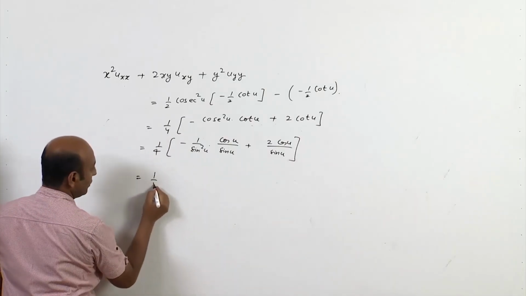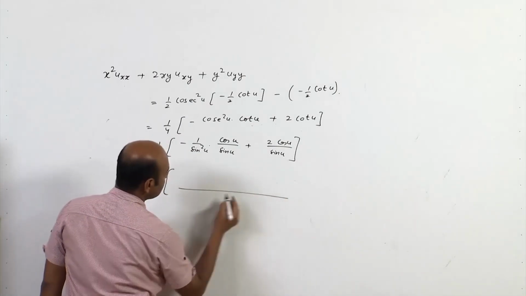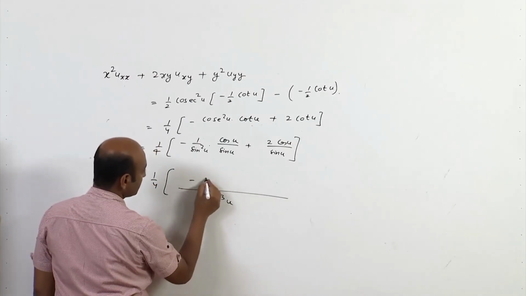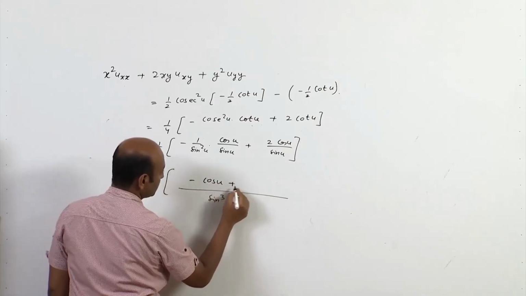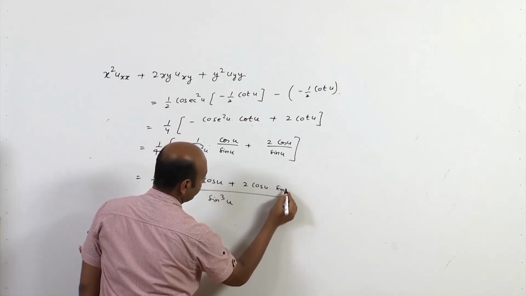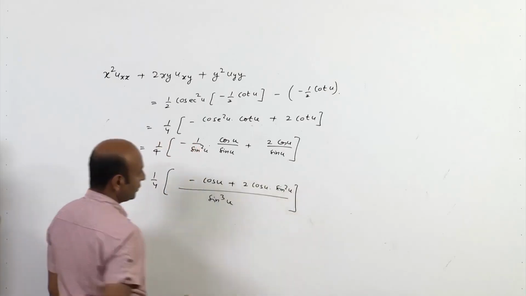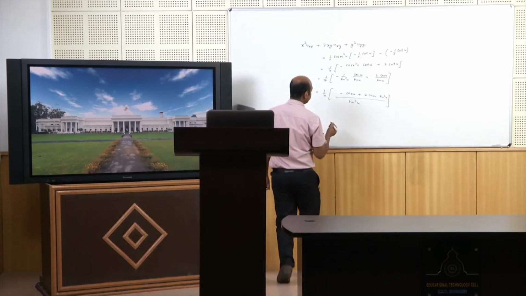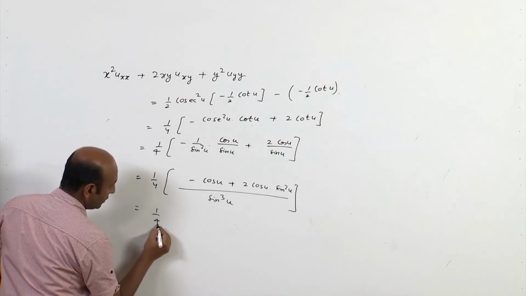It is 1 by 4. You take the LCM sine cube u. It is minus cos u plus 2 cos u times sine square u. So what do you have to show? Cos u into cos 2u. So cos u can come out.